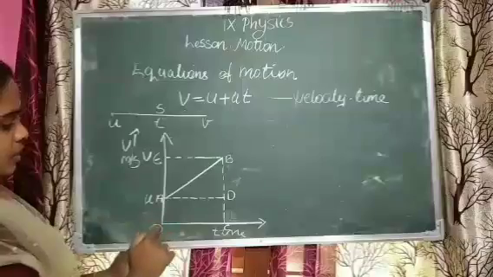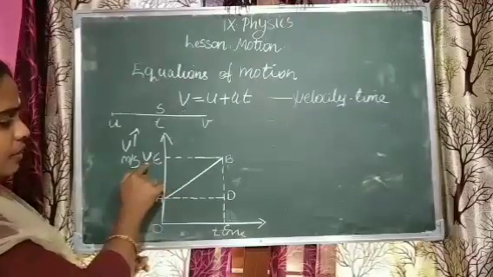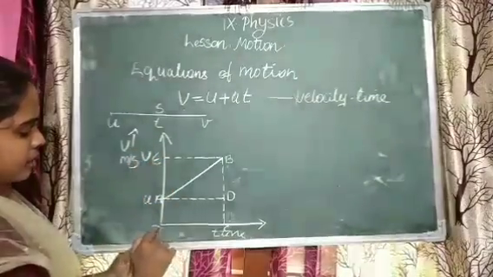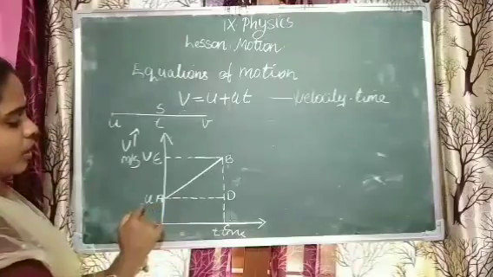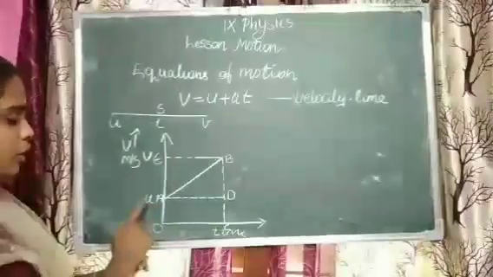That is, the distance O to E is considered as the final velocity, and the distance OA is the initial velocity u.